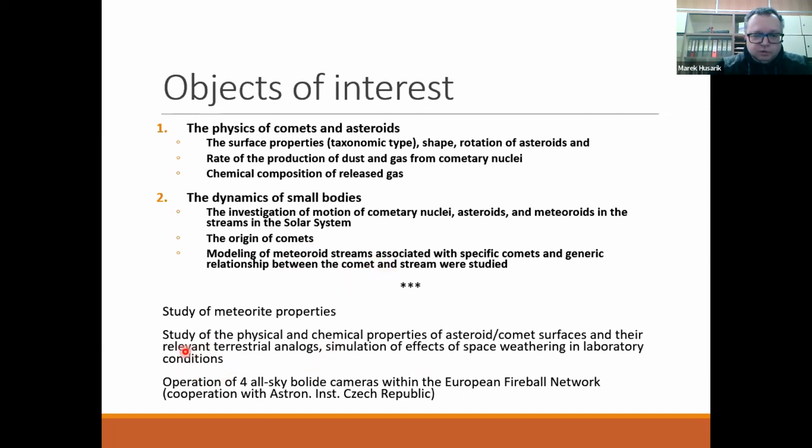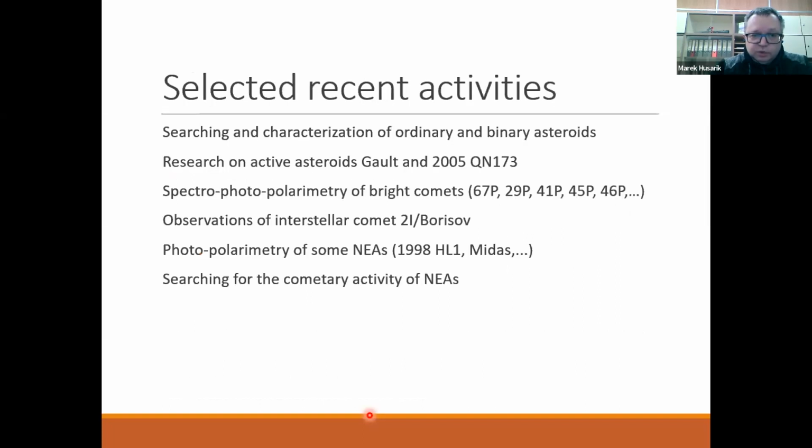Then there is a study of cometary and asteroidal surfaces, trying to find terrestrial analogs in laboratory conditions. And we maintain four all-sky bolide cameras in the European Fireball Network with colleagues from the Astronomical Institute in the Czech Republic.